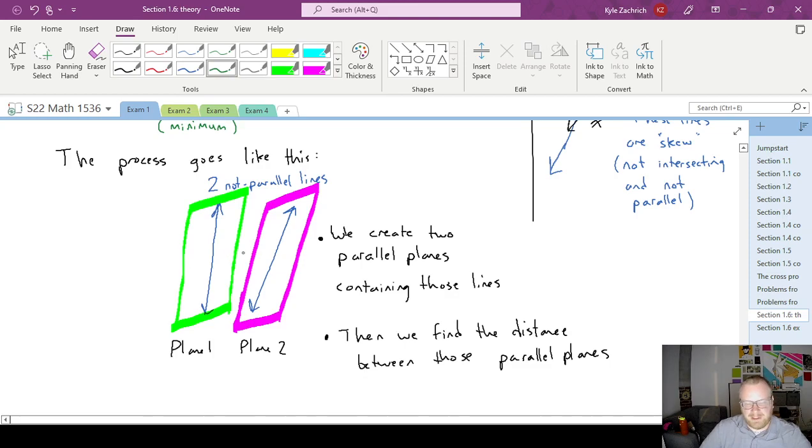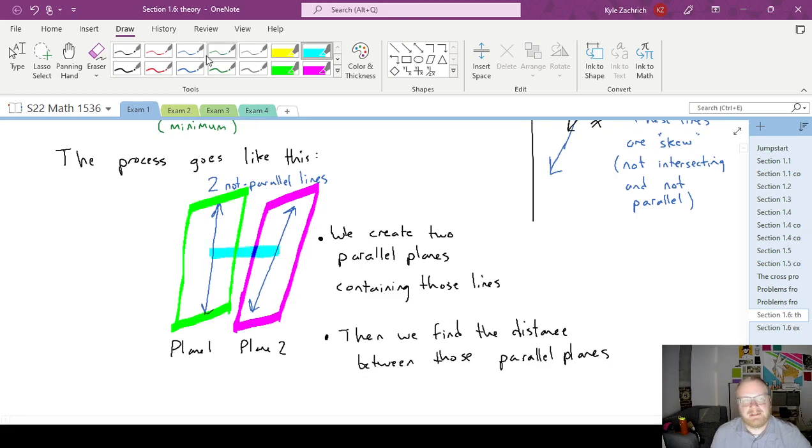If we're trying to create these parallel planes, again, they should have similar normal vectors. This normal vector, we can kind of picture it connecting these two, right?